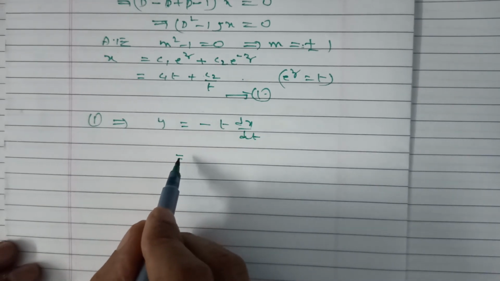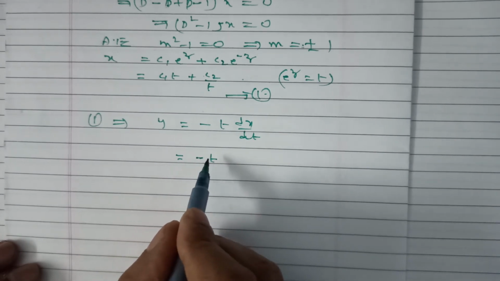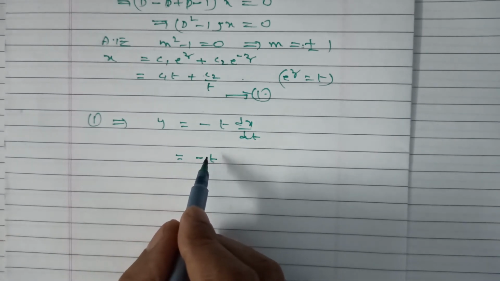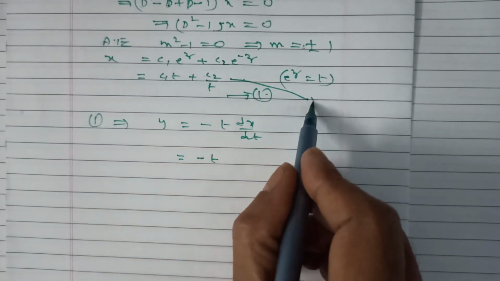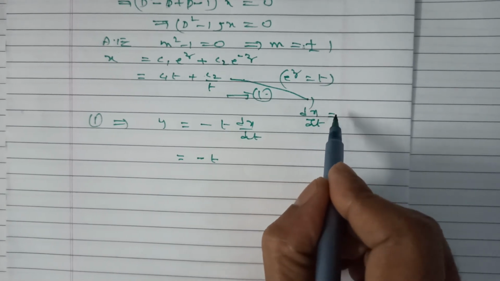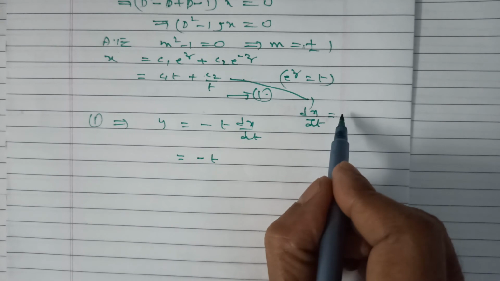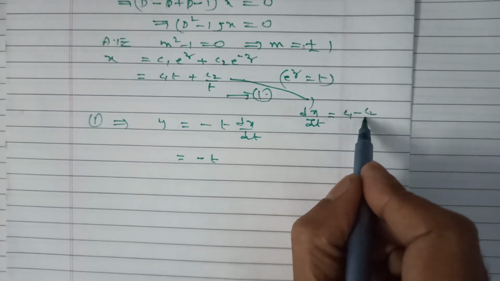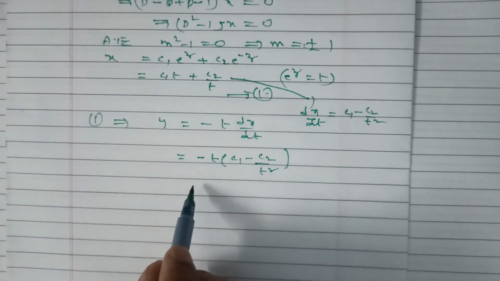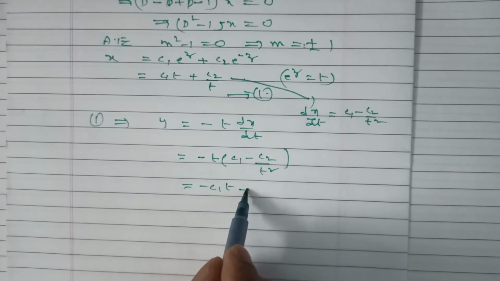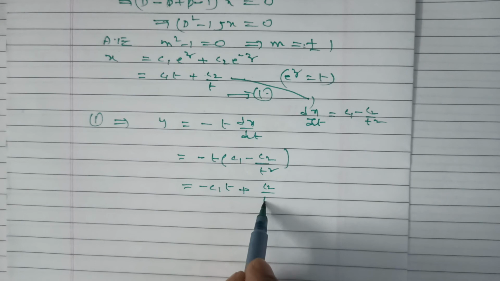This is equal to minus t into, what is the dx/dt value? Substituting from the x value, dx/dt is equal to c1 minus c2/t². So y is equal to minus t (c1 minus c2/t²), which is equal to minus c1 t plus c2/t.